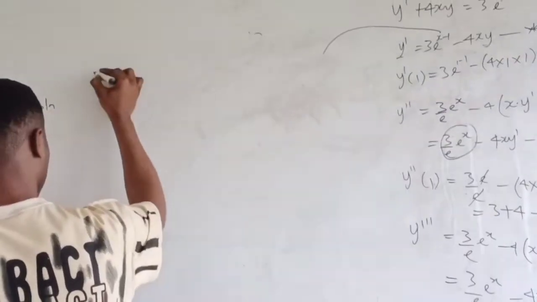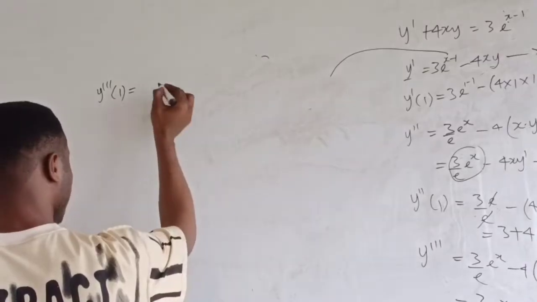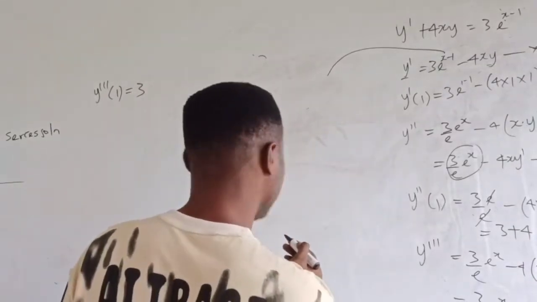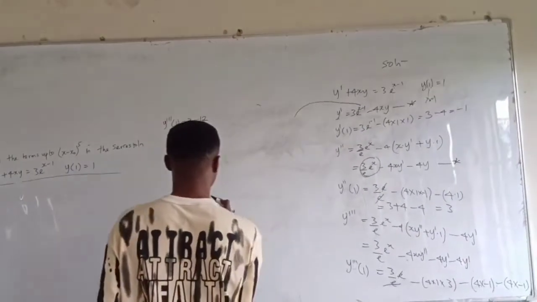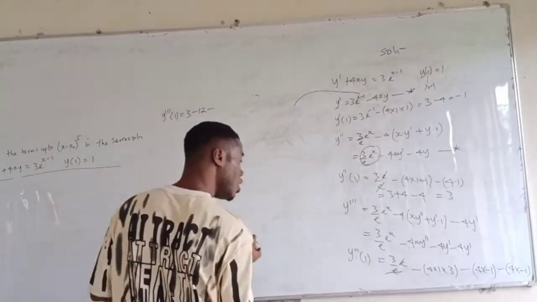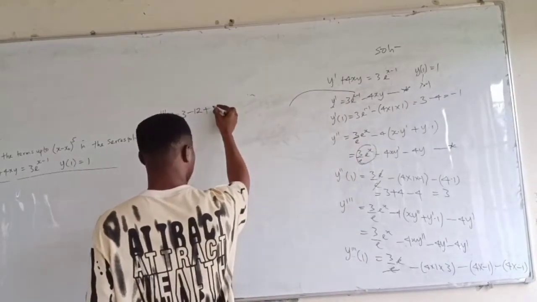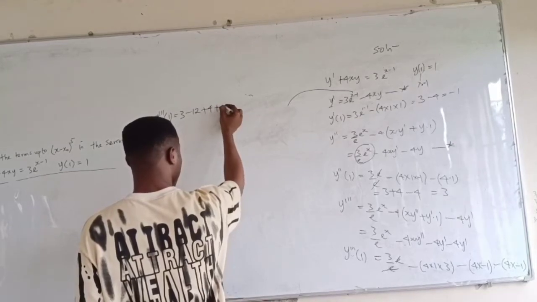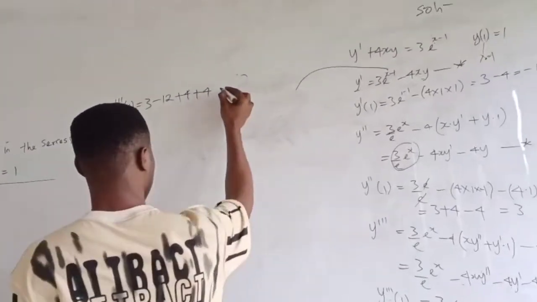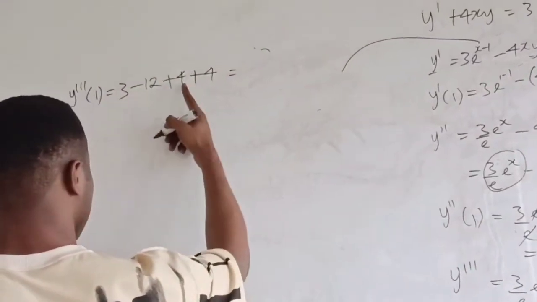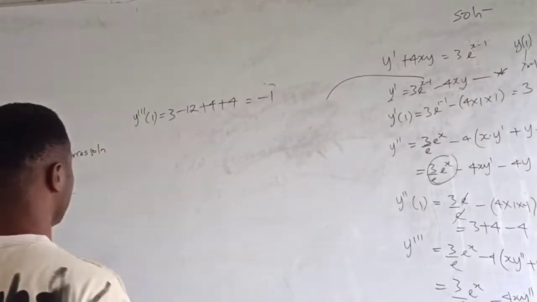So we have that y prime prime prime of 1 is equal to 3 minus 12 plus 4 plus 4. Okay, so 3 minus 12 plus 4 plus 4 gives us negative 1.